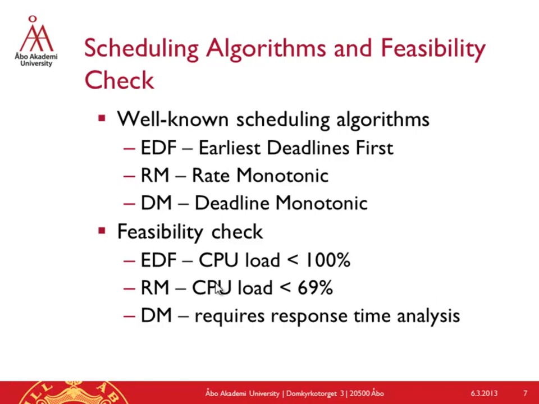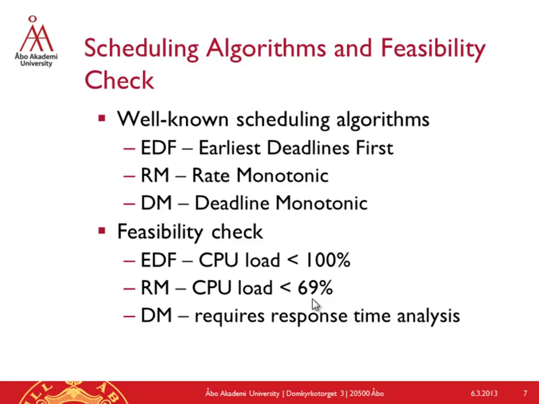For rate monotonic, it might be more strict. It's supposed to be less than 69%, but this is considered a too pessimistic rule. In some cases, even with rate monotonic, it's possible to reach up to 100% CPU load. So to go beyond this limitation, you have to perform more exhaustive checks for your particular task set with your parameters.